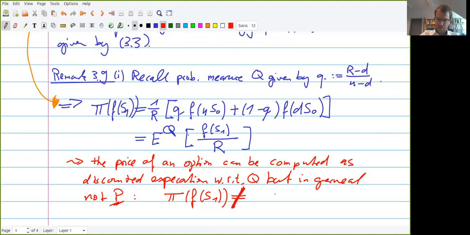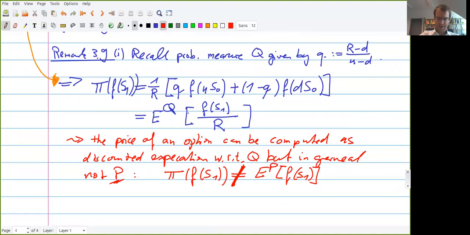This is wrong if you take here the measure P, at least in general. I mean, there are cases, of course, where the measure Q and measure P coincide, and then, of course, it's correct. But in general, this is just wrong.